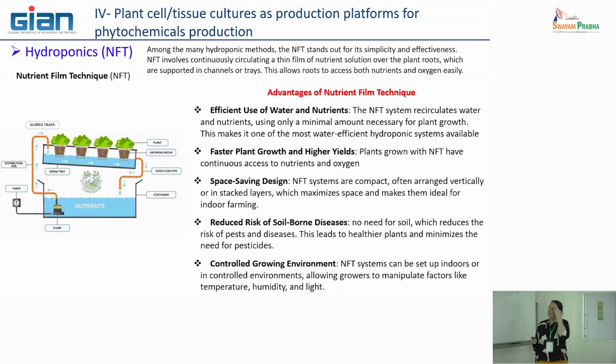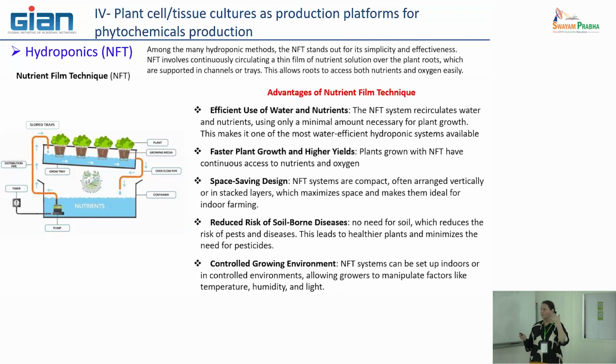So in this case, you can completely minimize also the use of pesticide. It's not a sterilized condition as it was with in vitro culture, but as it is under control, it is quite easy to verify that there are no, for example, fungi or other types of pathogens in this system.